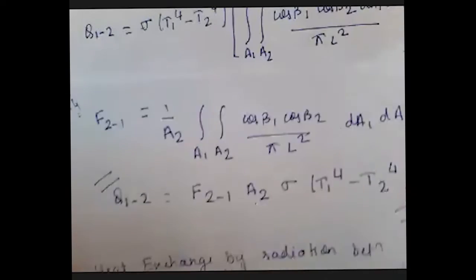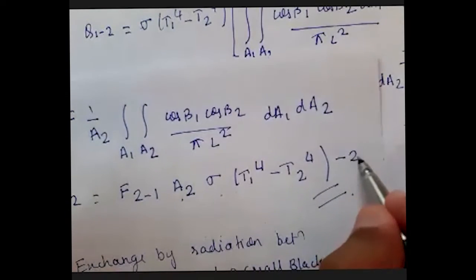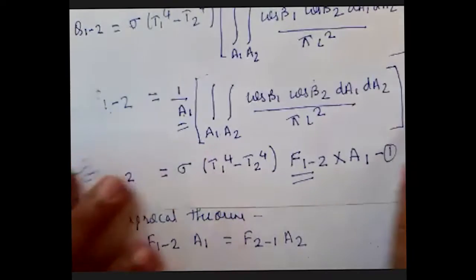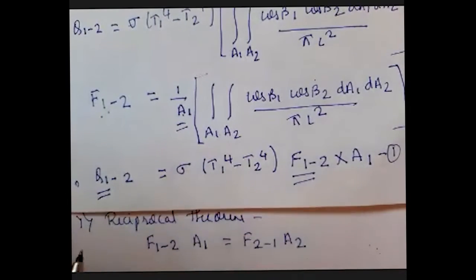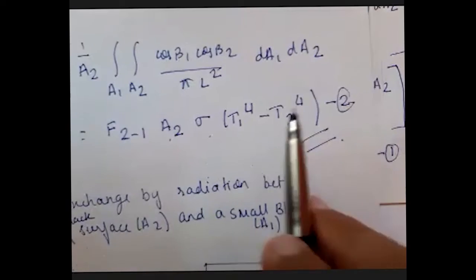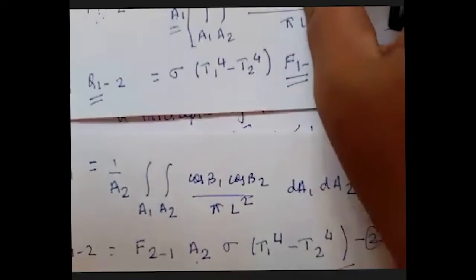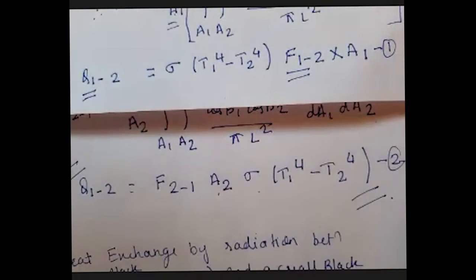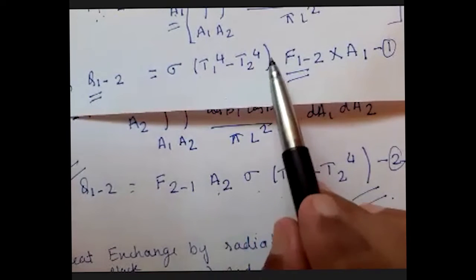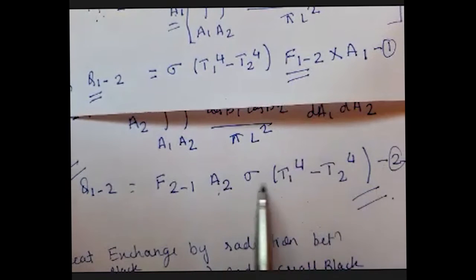If I consider this equation as 1 and this equation as 2, and if I equate the right hand side of both the equations, I have sigma T1 raised to 4 minus T2 raised to 4 common.